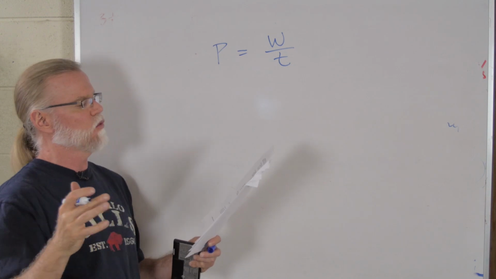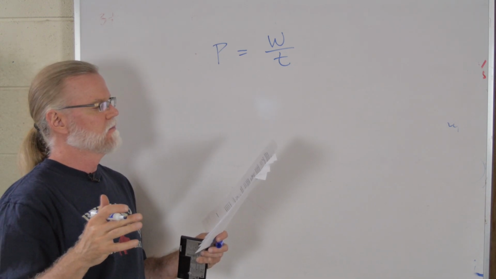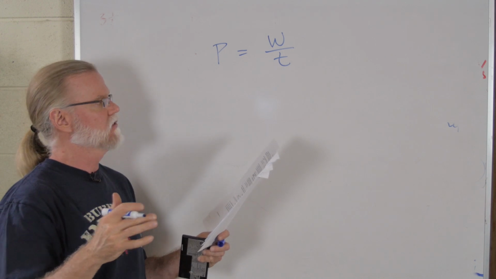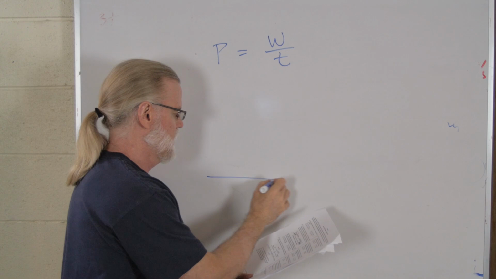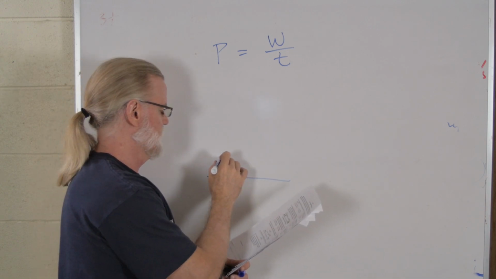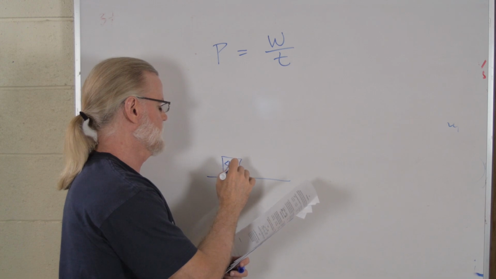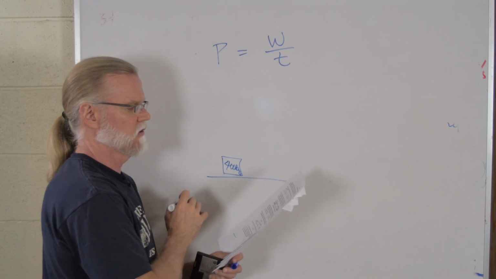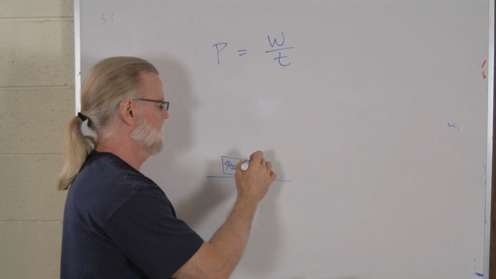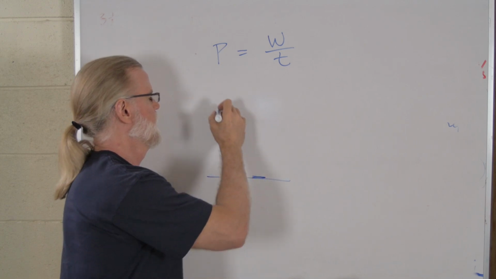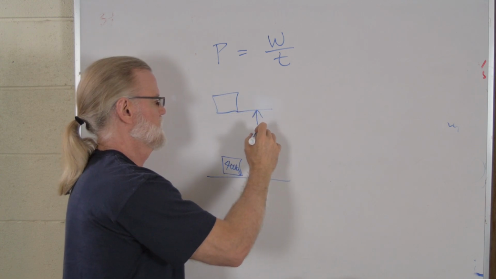And I think the easiest way to look at this one would be what happened. So what's the work that needs to be done to this 400 Newton block? It's going to lift it. No, 400 kilograms, sorry. 400 kilogram block. It's going to be lifted 10 meters, right? It's going to start here, and it's going to be lifted 10 meters.